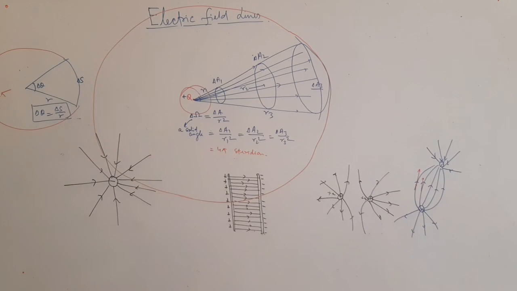So this is the idea from where Gauss derived his theorem. Coulomb's law says that when you are given two charges and you know the distance between them, you can find the strength and the direction of the force acting on the individual charges.